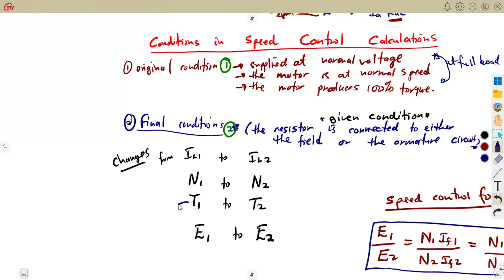So when they give you a torque to say this T2 is this much of full load, they're just talking about this T1 at full load, because these are the conditions for what? For the original. These values here are at what? At full load. So whenever they say this torque is reduced to 20% of full load value, full load value is the value at what?